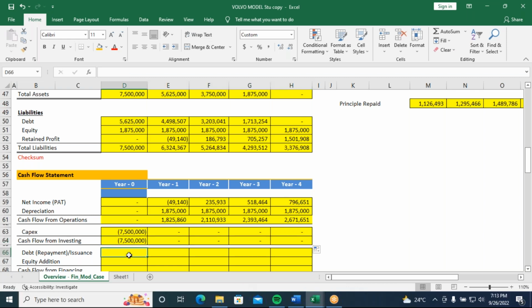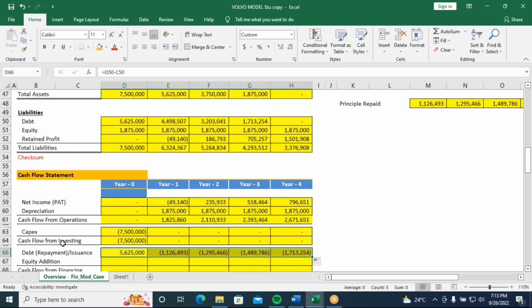Okay, next we'll go for debt amount. So debt amount will be D50, that is debt value for the year one, minus the previous year value. Enter. I will select and drag.